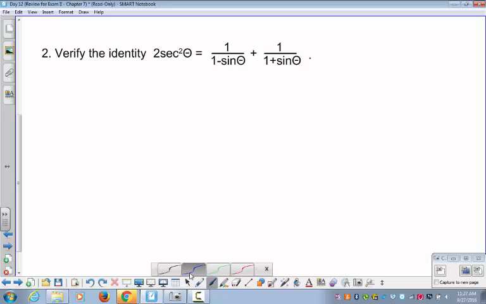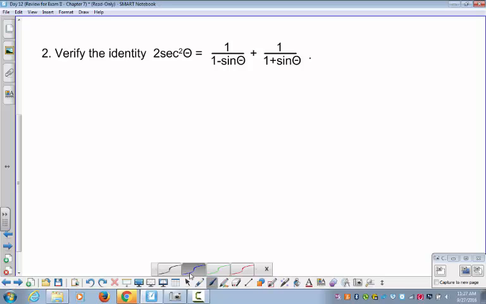Yeah, start with that right-hand side. And then what? You have two fractions. What do you do with two fractions? How do you combine fractions? The denominators. You want to make the denominators equal. Yes. So if you have two fractions and you want to add them, you've got to force those denominators to be the same.